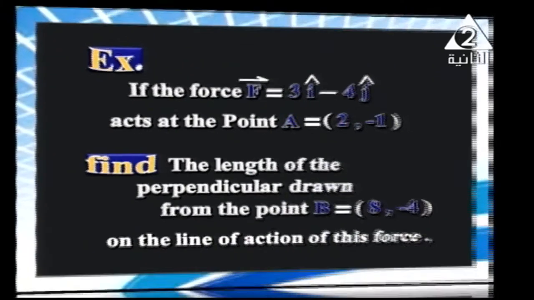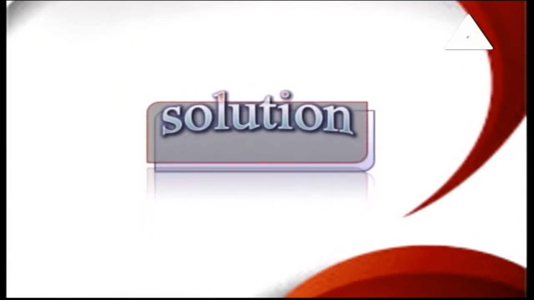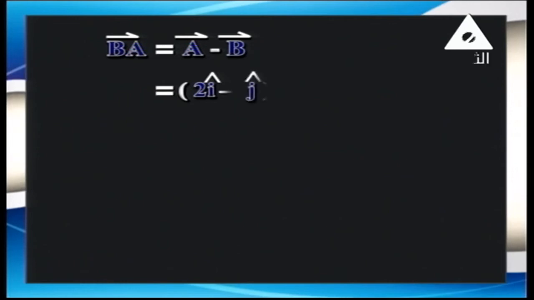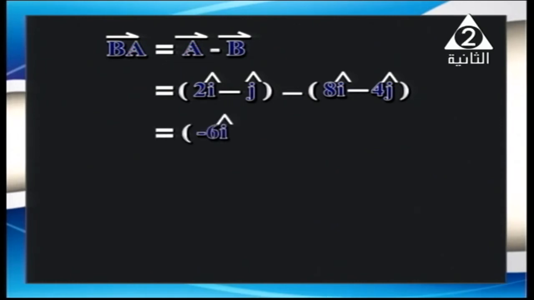Look at the solution. My dear student, BA vector equals point A minus point B: (2i minus j) minus (8i minus 4j) equals negative 6i plus 3j.